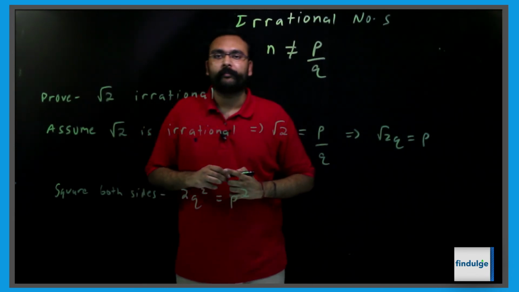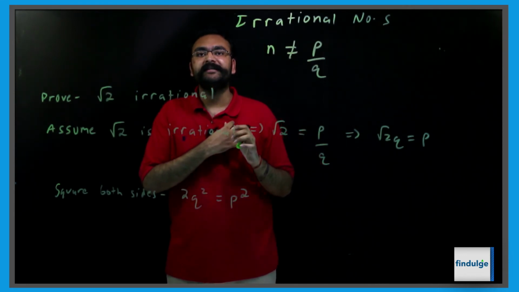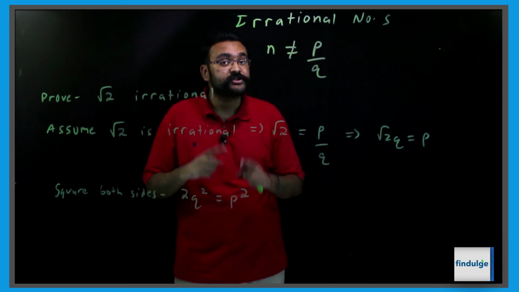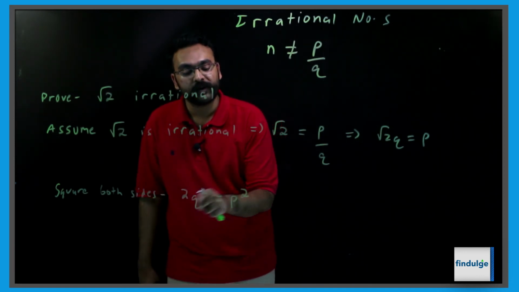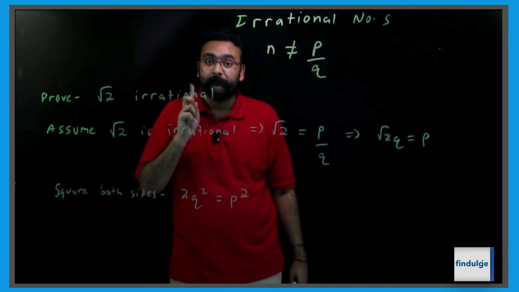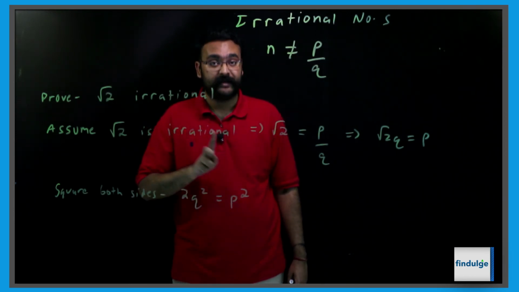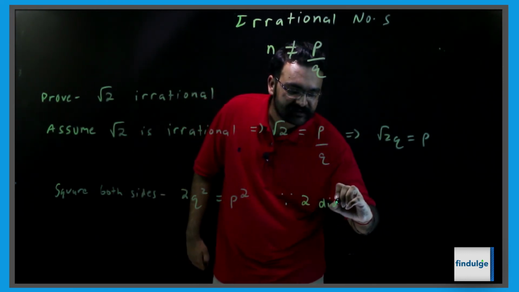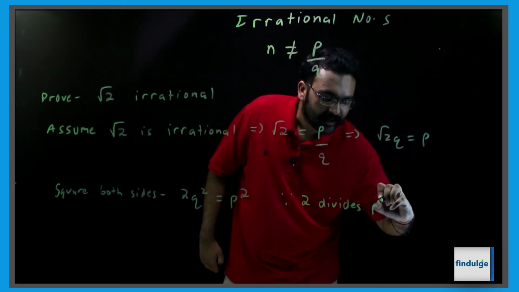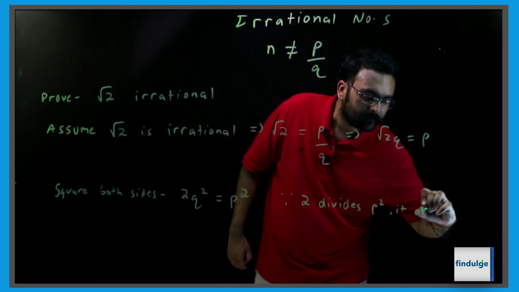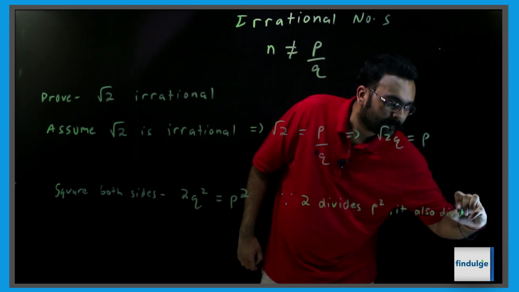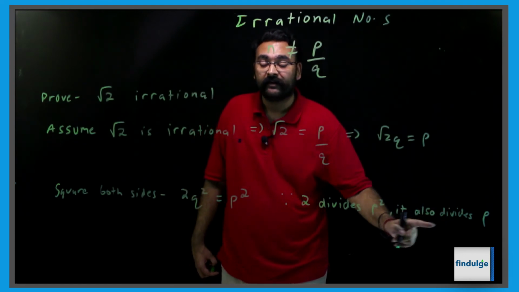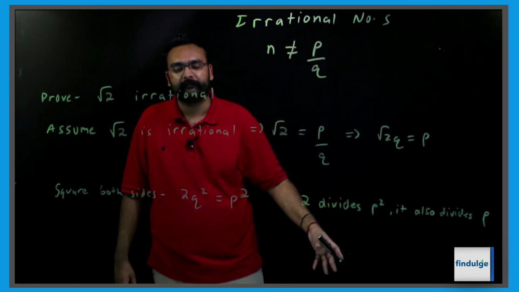Here there's a small property you have to understand. Property states that if a prime number is a factor of the square of a number, in other words, if 2 is a factor of p square, it means 2 is a factor of p. So since 2 divides p square, it also divides p, means I can write p as 2 multiplied by some other number.